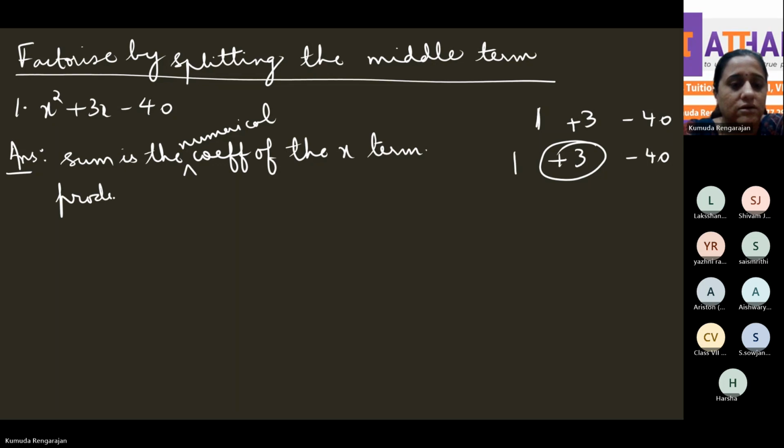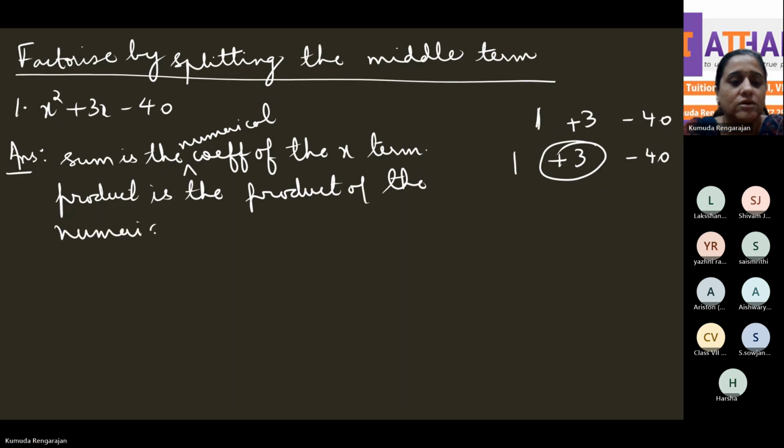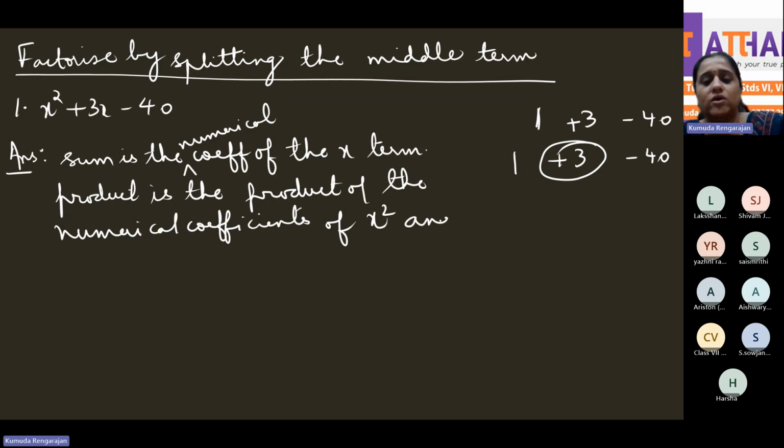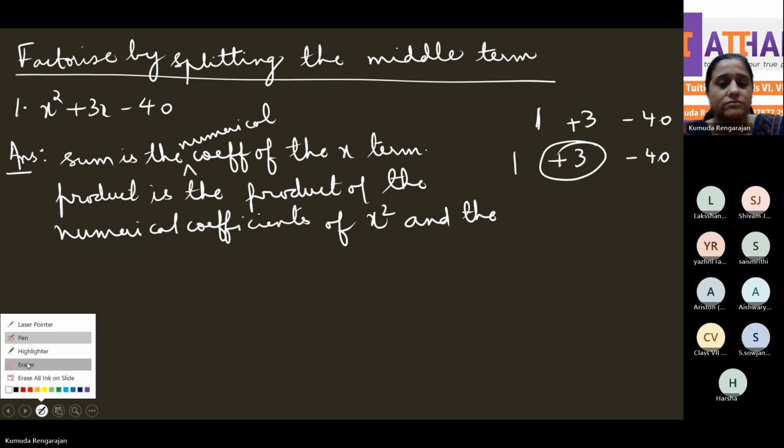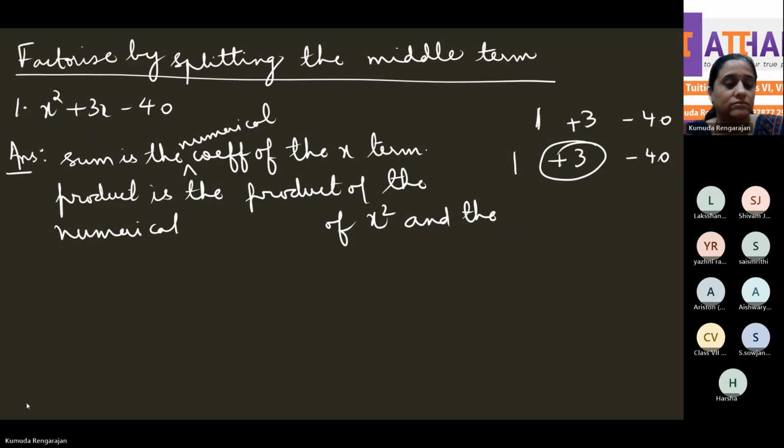Product is the product of the numerical coefficients of x square and the constant.